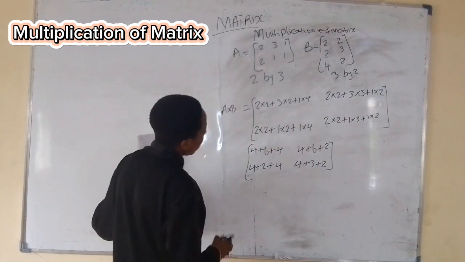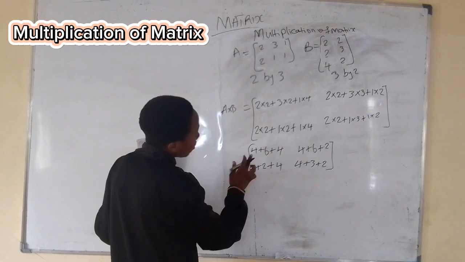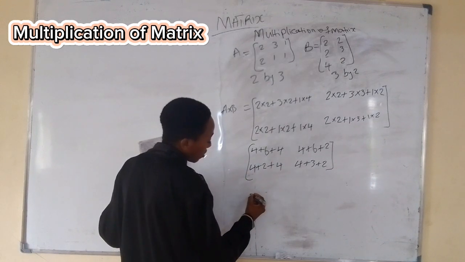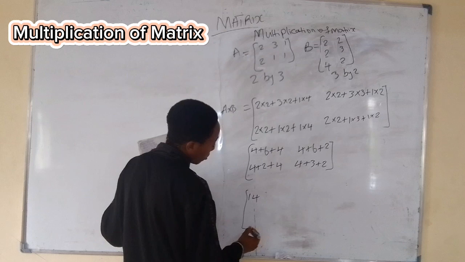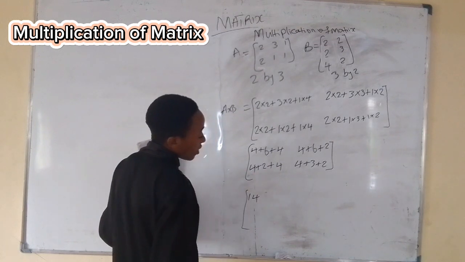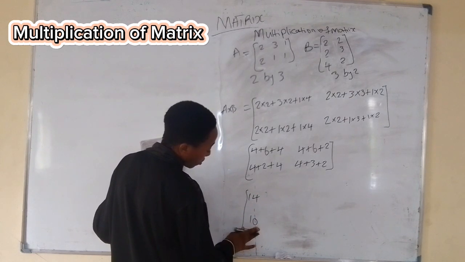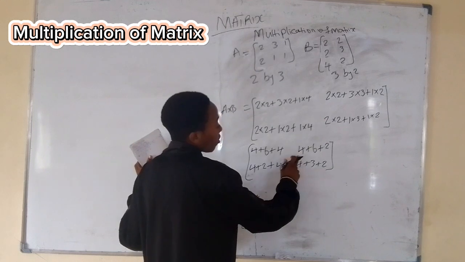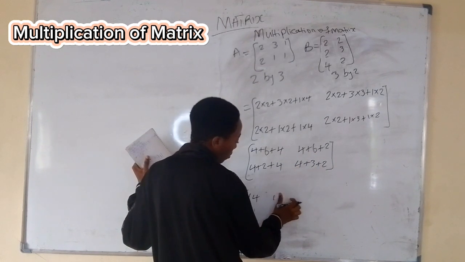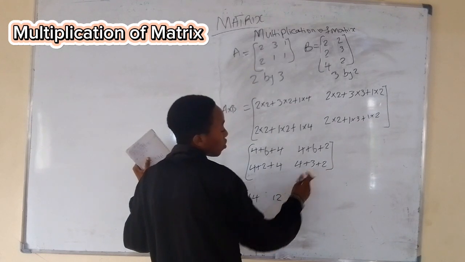Now you add. 4 plus 6, 10, plus 4, 14. 4 plus 2 plus 4, that's 10. 4 plus 6 plus 2, 4. 4 plus 3 plus 2, 9.